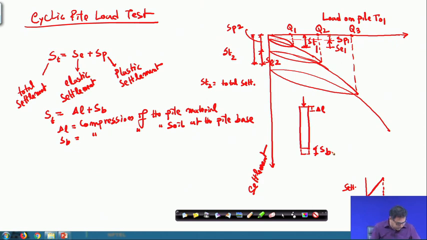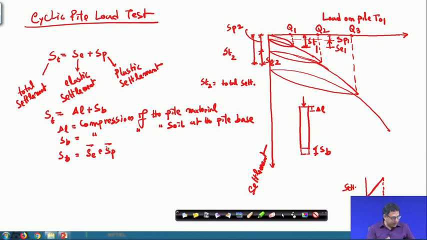Okay. So, SB can again be SE bar plus SP bar. So, the soil settlement also has an elastic settlement part and a plastic settlement part. It has two components, because in the soil also it can be elastic, it can be plastic. Okay.